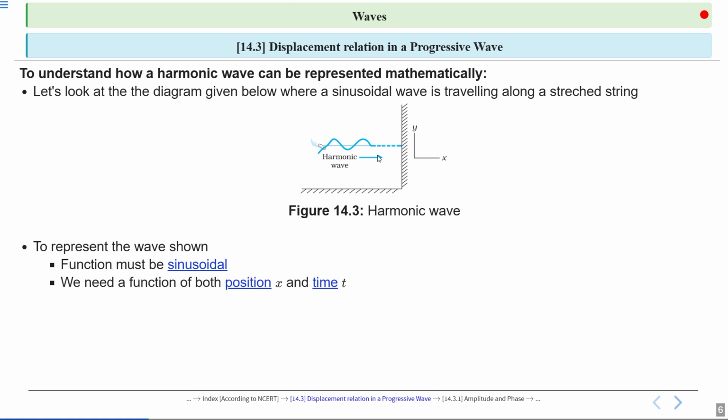We need a function of both position x and time t. This is because the wave changes not just as you move along the string but also as time passes. So the function should tell us the displacement at any position x and at any time t.